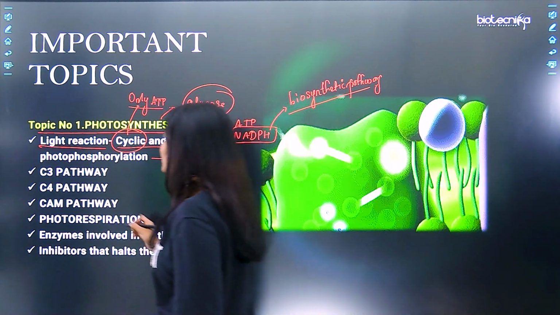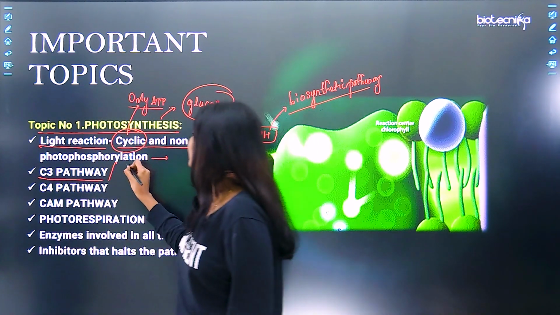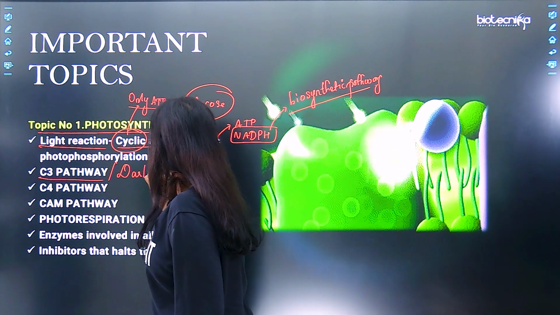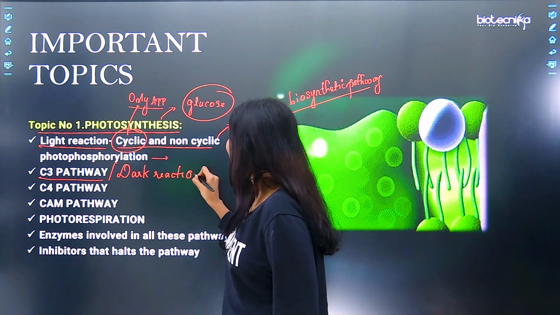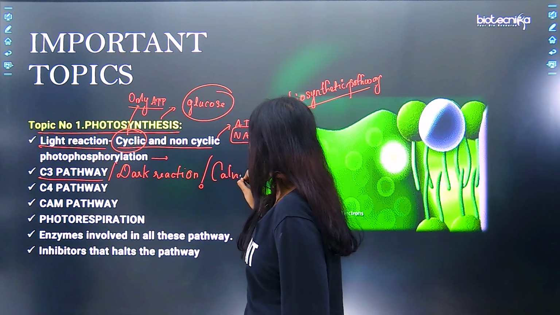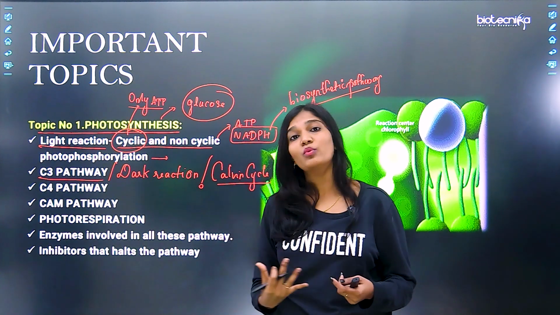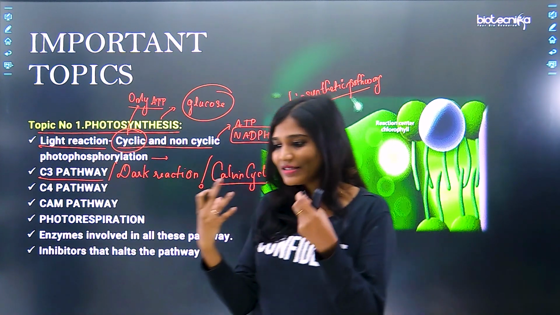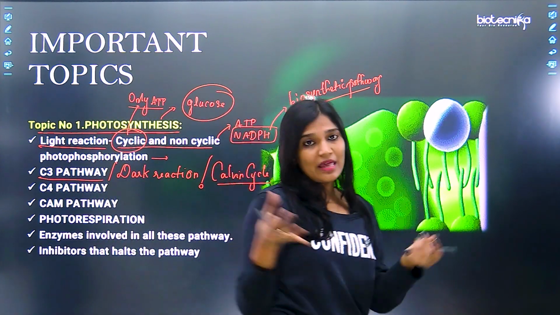The next one is going to be the C3 pathway, or we can call it dark reaction, or otherwise call it the Calvin cycle. And this is the most important biosynthetic pathway. In this pathway, the plant is actually going to convert all the carbon dioxide that it has taken from the atmosphere.